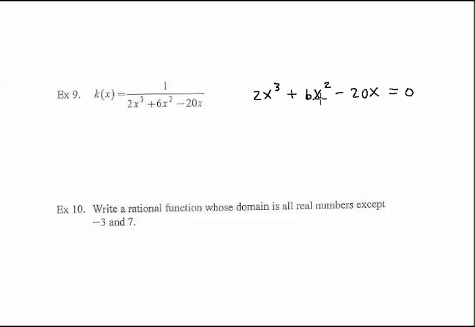We want to factor it at this point. It's in standard form, I guess you could say. 2 divides all 3 of these coefficients, and then each of the terms has at least an x. So the greatest common factor is 2x.